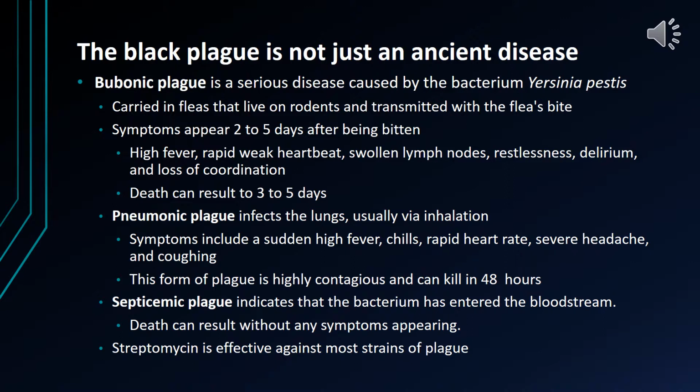There's also a third type of black plague, which is called septicemic plague, which indicates that the bacterium is actually in the bloodstream, and death can result without any symptoms appearing. So obviously, black plague is something that's pretty life-threatening if you actually have it.